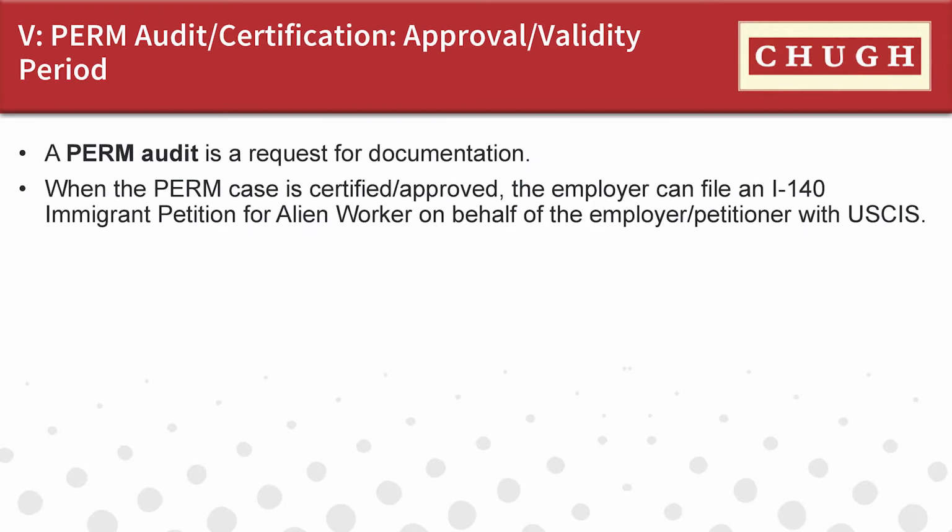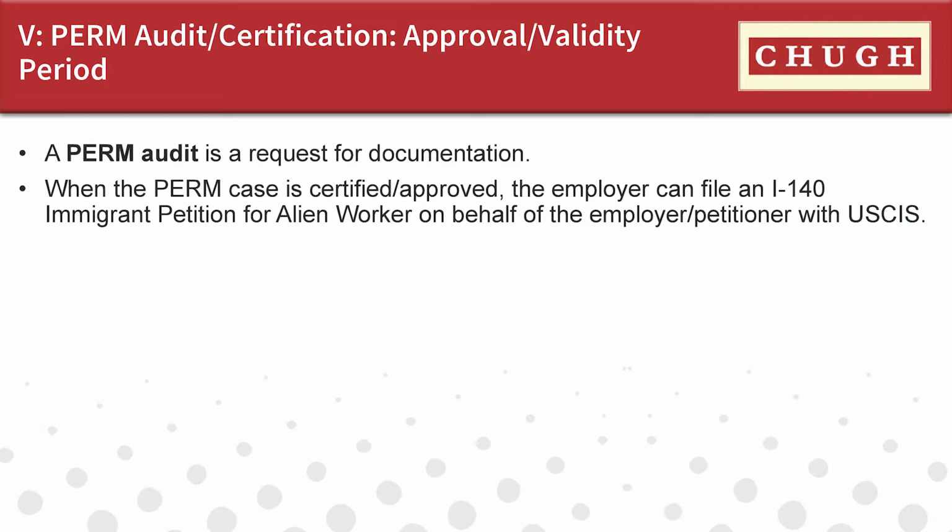A PERM audit is essentially a request for documentation. Since PERM applications are submitted online with no supporting documents, the DOL may issue audit requests asking the sponsoring employer to provide evidence they followed the proper recruitment procedures.